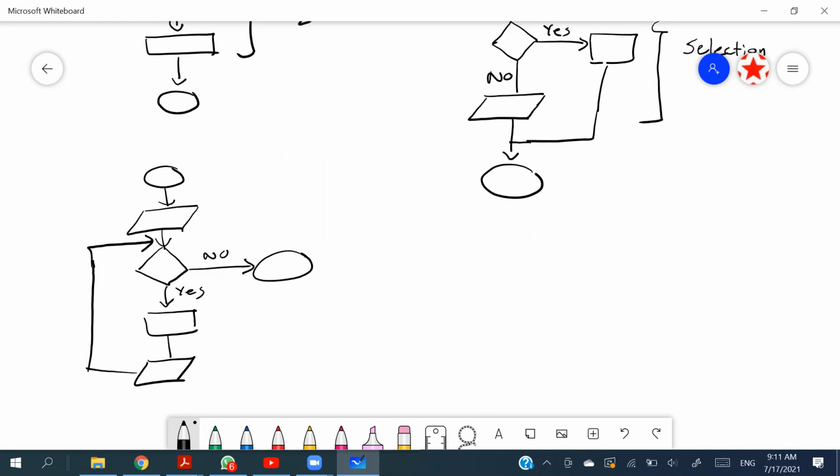Right. So this is what you call an iteration, right? So likewise, draw something complete, right?